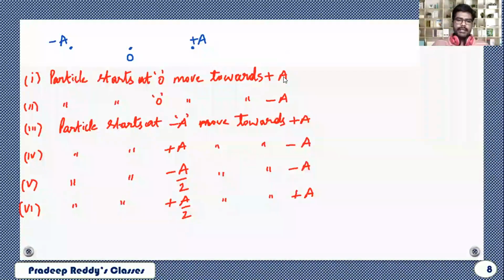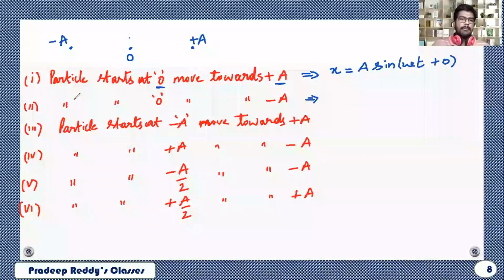Now I'll take a few examples and write down the equations of simple harmonic motion for the particle executing SHM. First, the particle is starting at O and moves towards plus A. So clearly it can be represented with a sine function, x is equal to capital A sine of omega t plus 0, because initially the particle is starting at mean position, so the phase difference is 0.